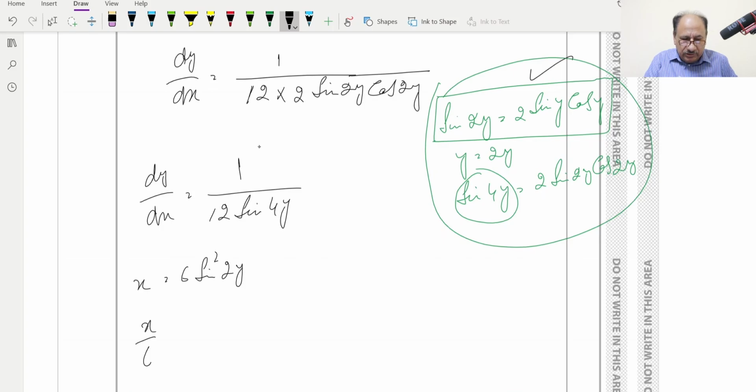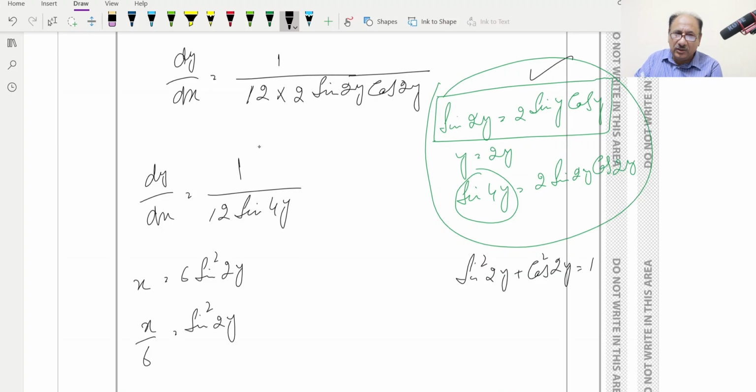So x over 6 will be equal to sine square 2y, and we know that sine square 2y plus cos square 2y is equal to 1. So cos square 2y will be equal to 1 minus sine square 2y, and this will be equal to 1 minus, this value is what? This value is x over 6, so 1 minus x over 6 will be equal to cos square 2y.